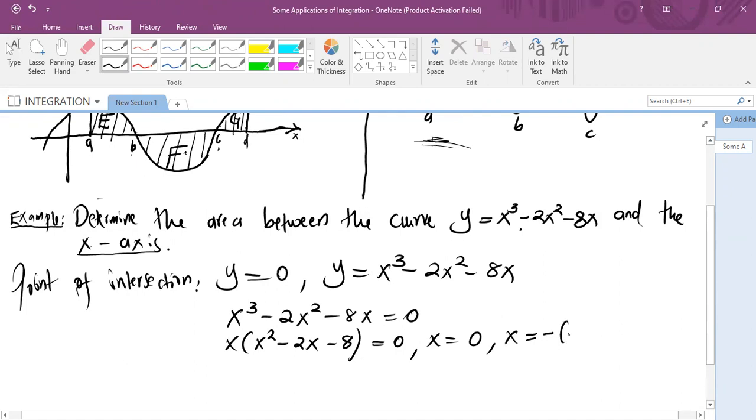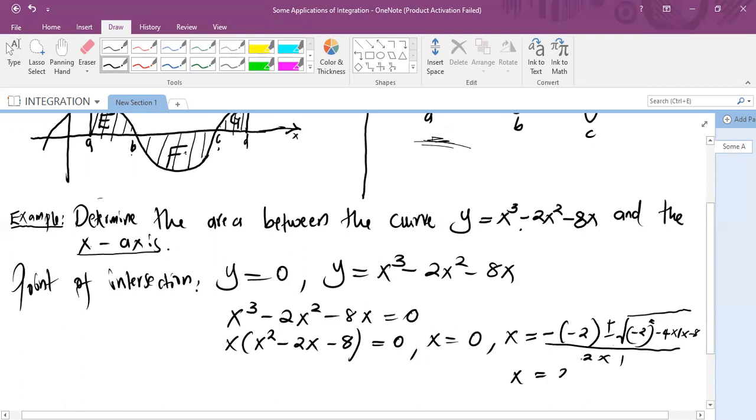So x will be equal to minus minus 2, plus or minus the square root of minus 2 squared minus 4 times a c, which is 1 times minus 8, all divided by 2 times a, which is 2 times 1. Solving that, minus minus 2 gives 2, and minus 2 squared is 4, and minus times minus gives positive 32, so 36 under the root, which gives 6.